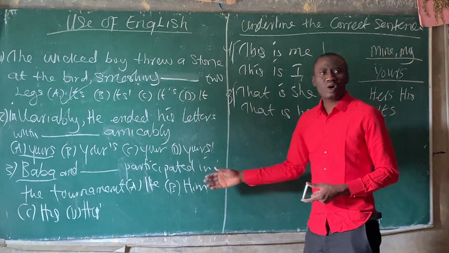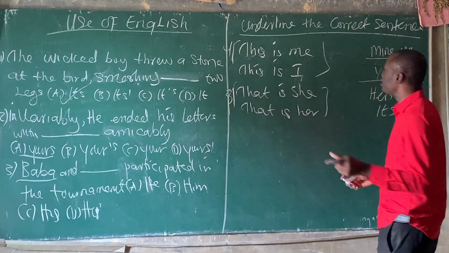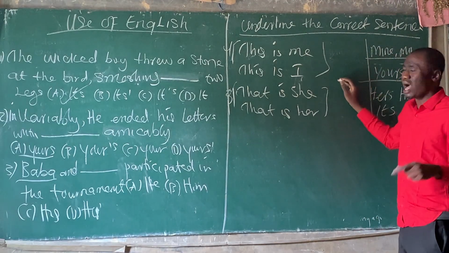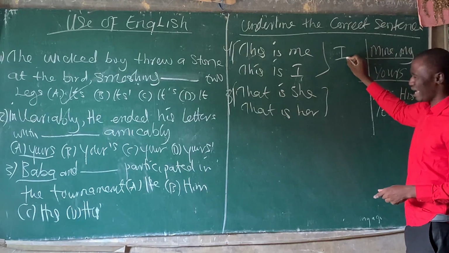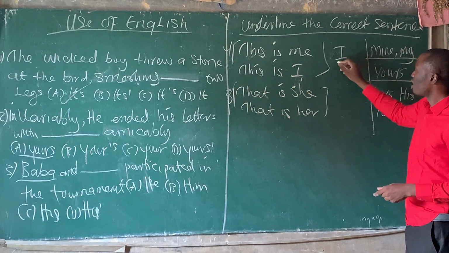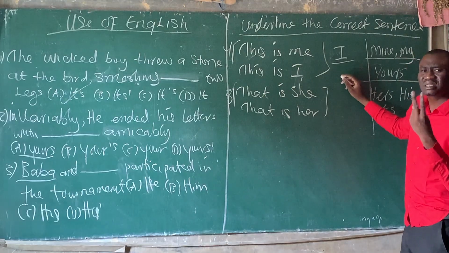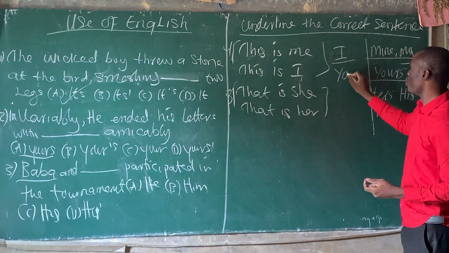You know why? Because the first person singular at the subject level. Are you following what I'm saying? Yes, sir. For the first person singular, at the subject level, you have I. For the second person singular, you have you.